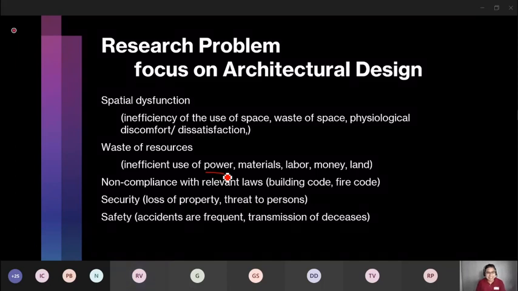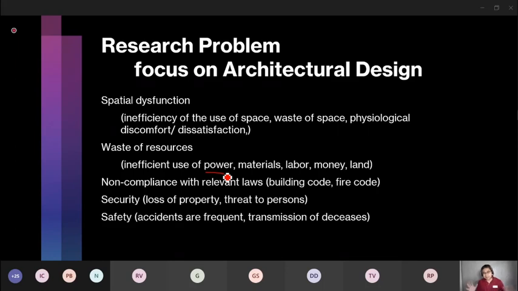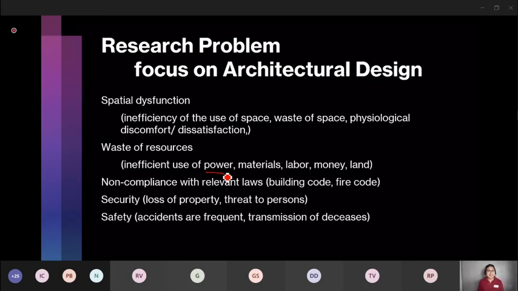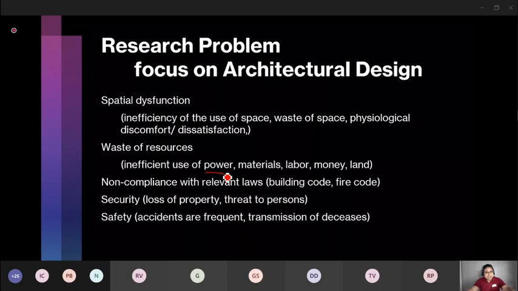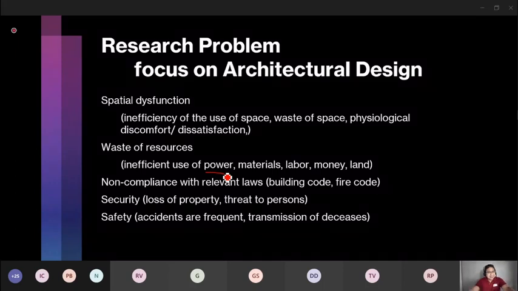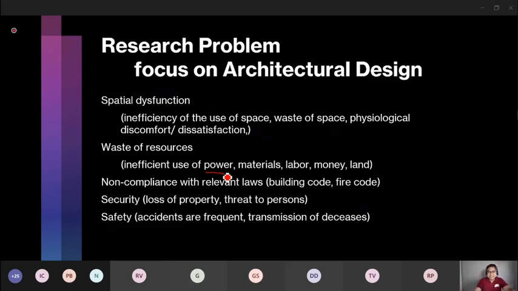For example, corridors should not have a place where bad people can hide. Something that you will design so that it will discourage the commission of a crime. Okay, something like that. Any questions so far?